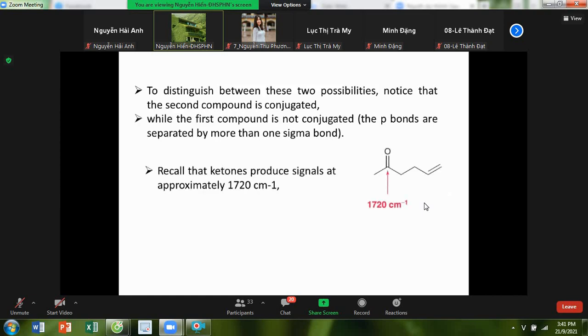So you have learned that saturated and isolated ketones will absorb at higher wave number.